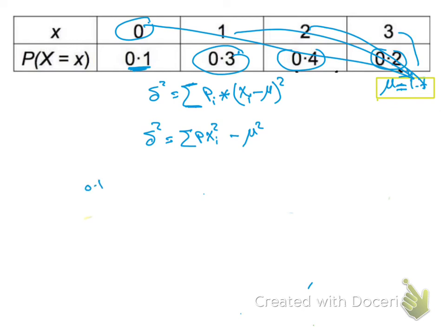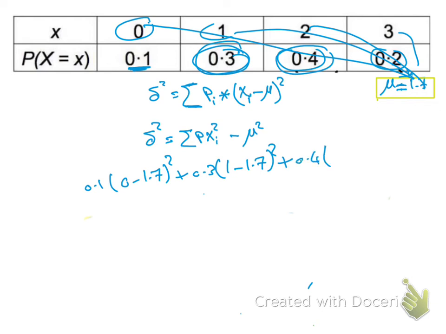So it will be 0.1 times 0 minus 1.7 square plus 0.3, the second probability, times 1 minus 1.7 square plus 0.4 times 2 minus 1.7 square plus 0.2 times 3 minus 1.7 square. So this is the first way how to find sigma square.